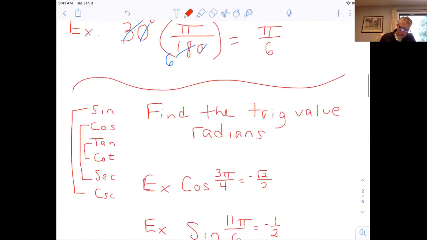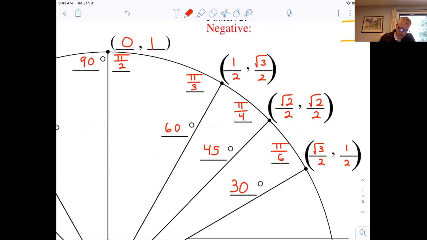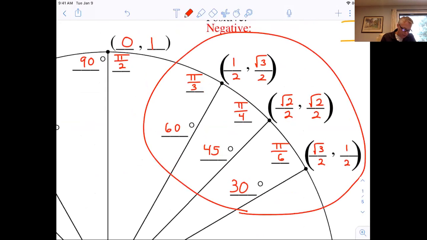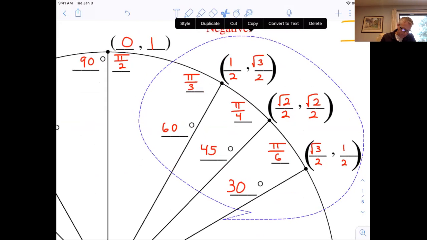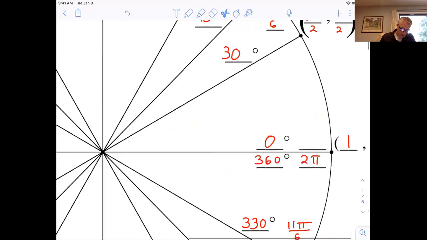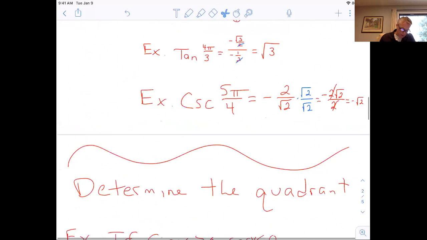So again, if I have these first quadrant values memorized, in fact, I'm just going to copy and paste them down here.